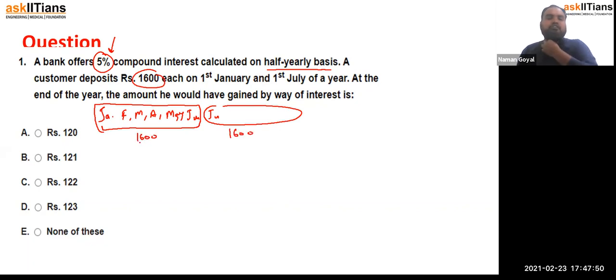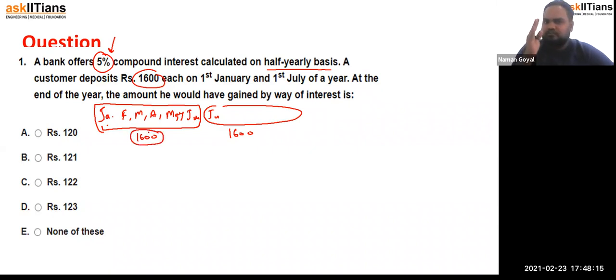Okay, now first of all we are going to find out total interest, right? Now see, for this particular question, listen, we have 6 months, and the amount we have is 1600 for the first 6 months.